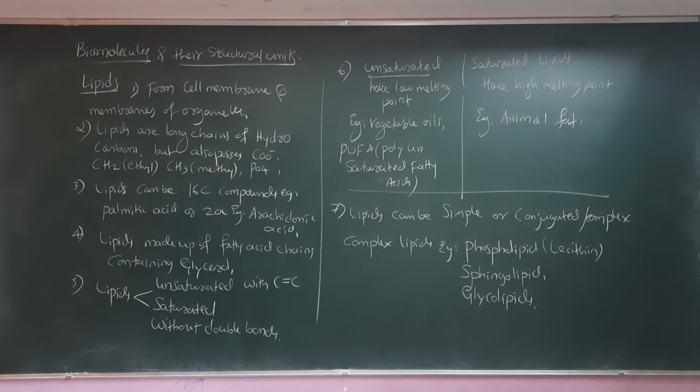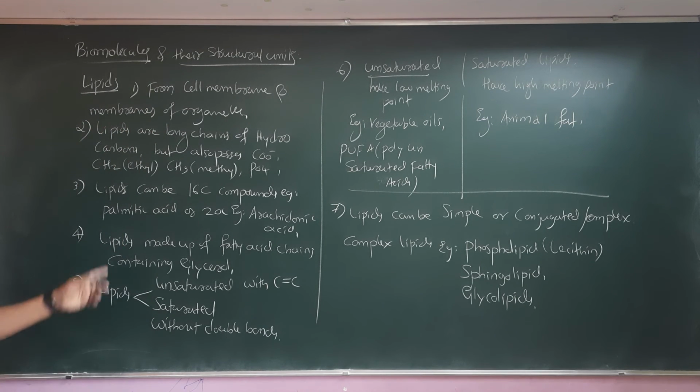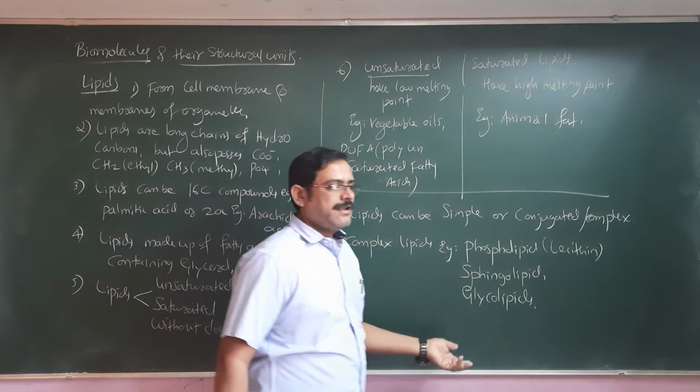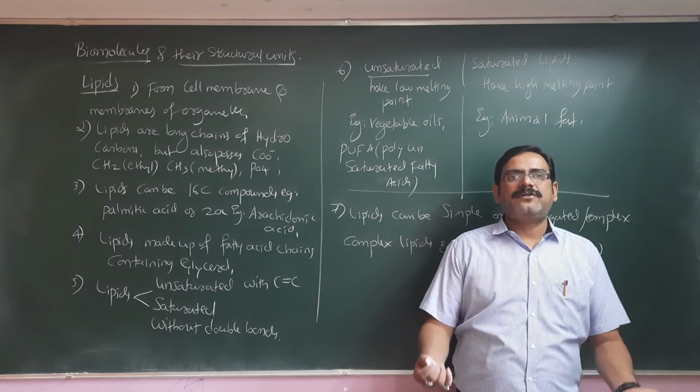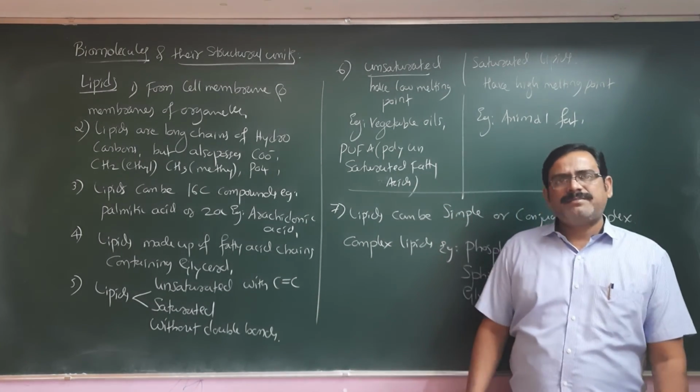We have to understand that every cell membrane is made up of a lipid bilayer only, right? And even organelles, such as the mitochondria, the lysosome, the endoplasmic reticulum, the Golgi complex, are all made up of a lipid layer.